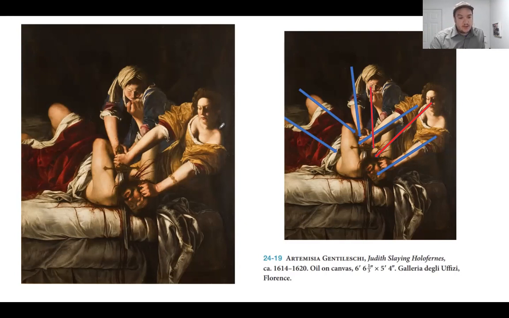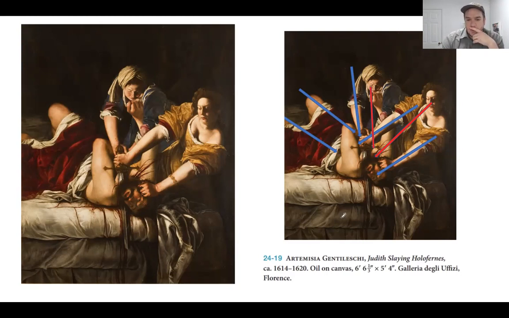Judith is in there, she's got both hands hard at work, jamming that sword in the neck. There's blood squirting out towards her. Her handmaiden is helping, holding down Holofernes. And I highlighted these. All the limbs are pointing the action directly to the center.